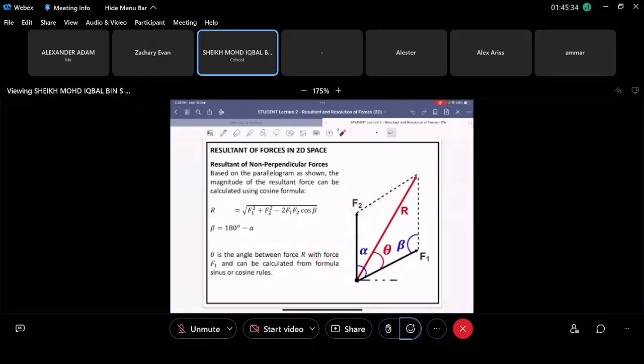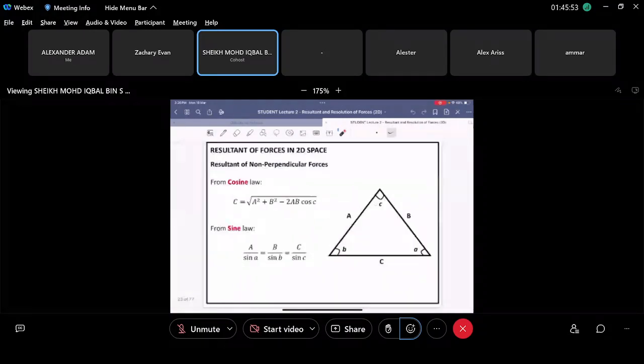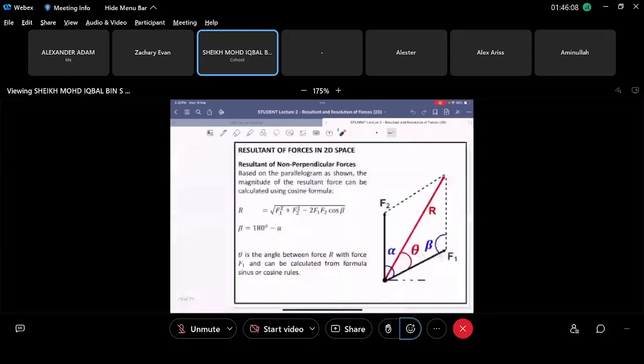The Pythagoras theorem is only useful if the forces are perpendicular, or 90 degrees. If it's not perpendicular, like this one, then you cannot use Pythagoras theorem to calculate the magnitude. You have to use the cosine law or the sine law to calculate the magnitude or direction here, right?